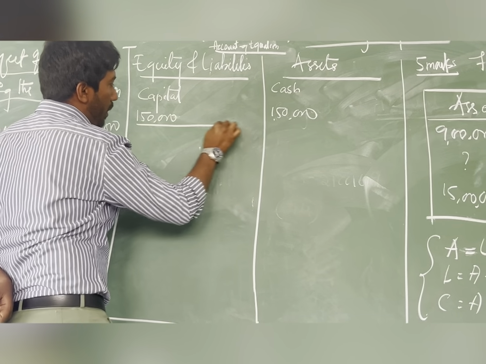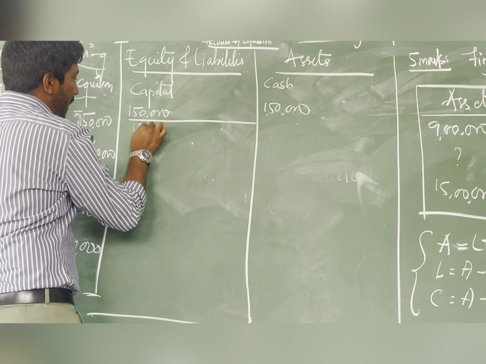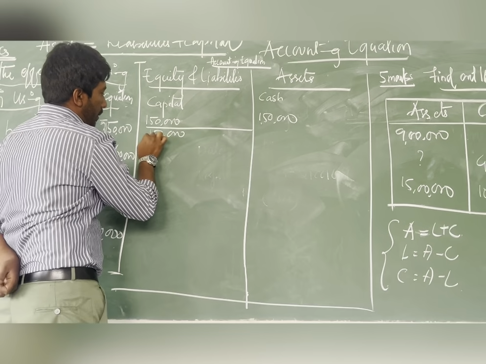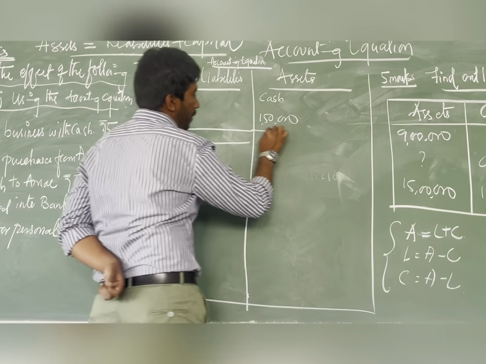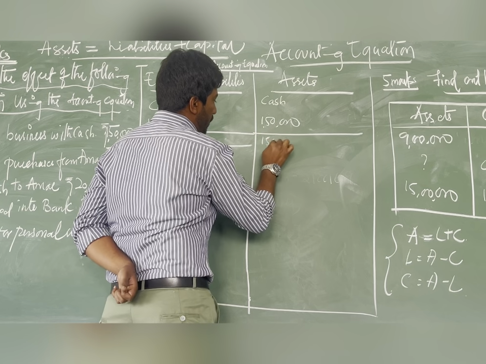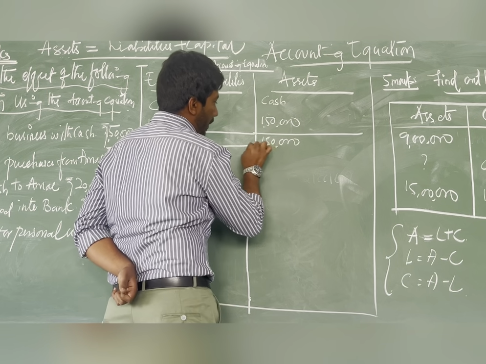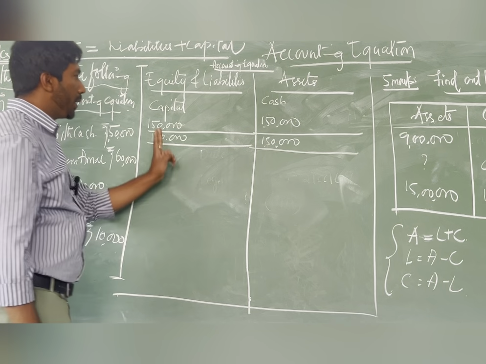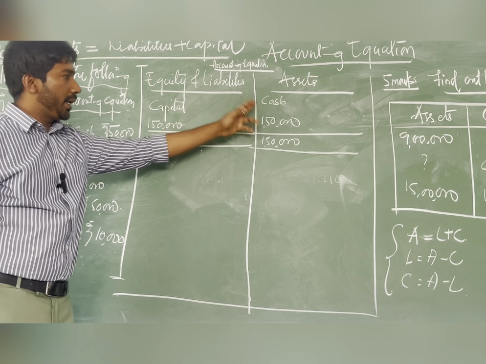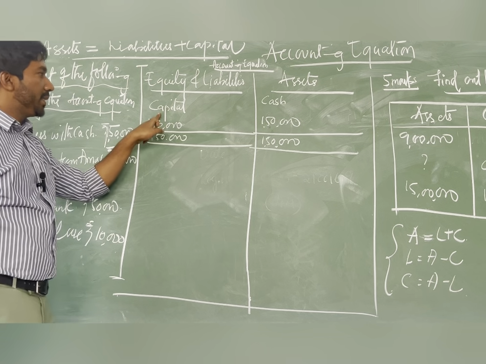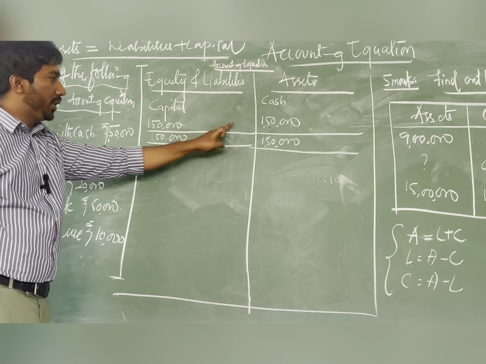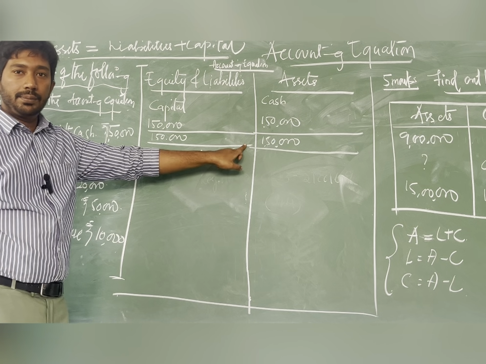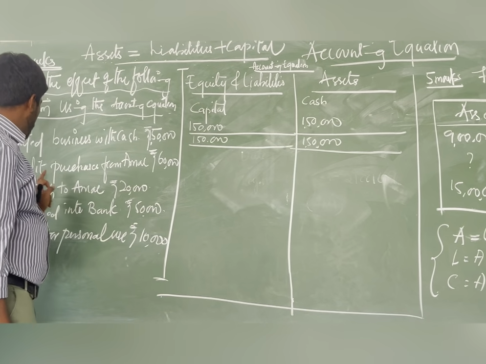If you total this, both sides are 1,50,000. This is nothing but the duality concept. Cash is coming in as capital, so both sides tally. Hope you understood. Then we'll move on to the next.